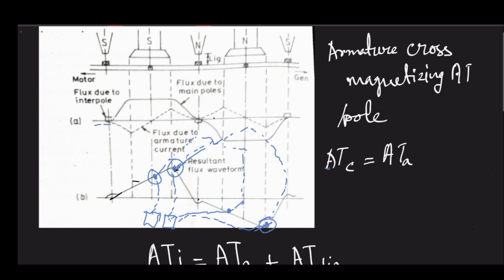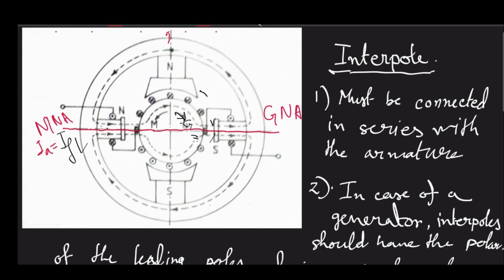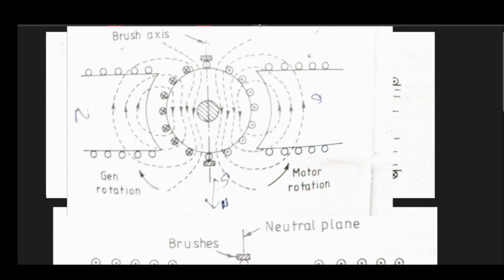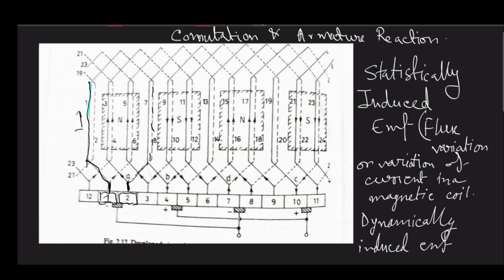Try to understand what I am trying to say. Let me get back to the previous picture. Suppose this one is experiencing positive maximum flux. Let us select some other coil, like this 5.